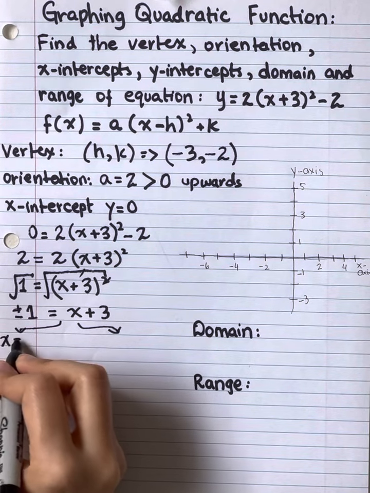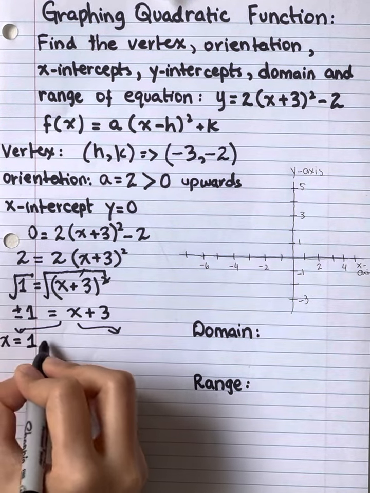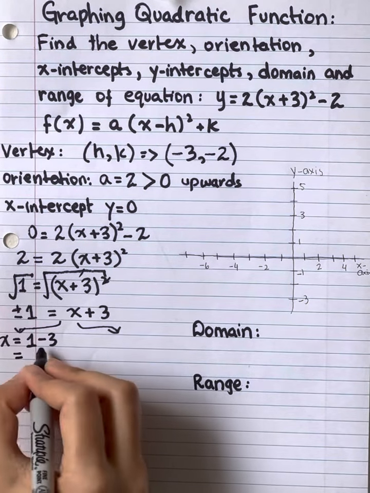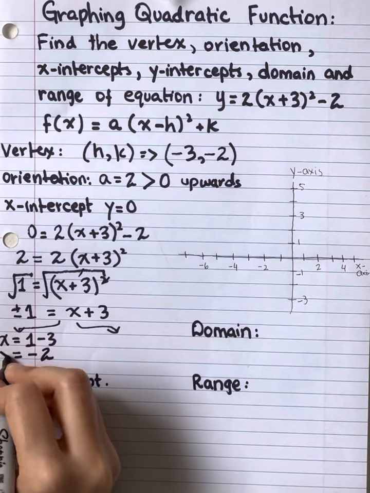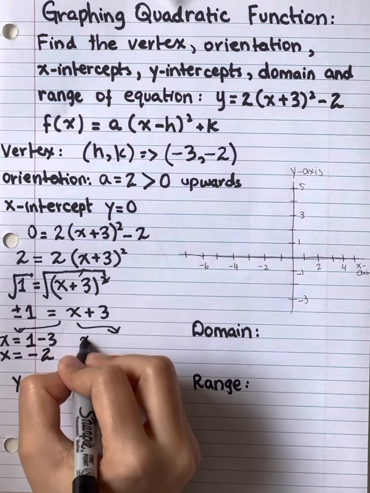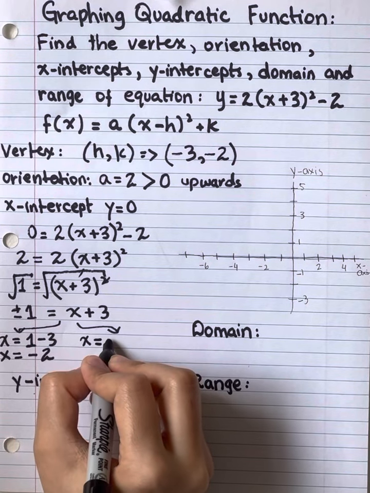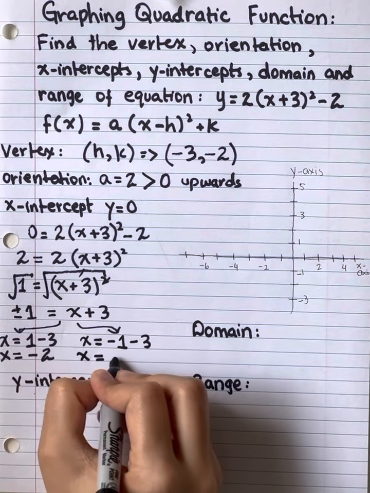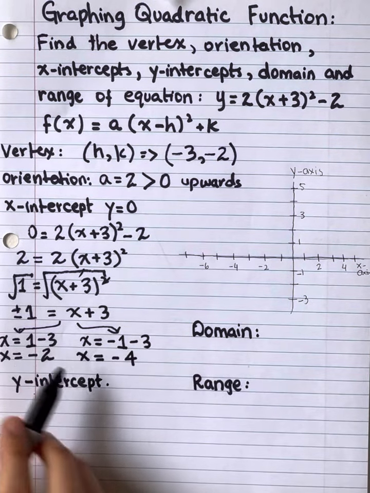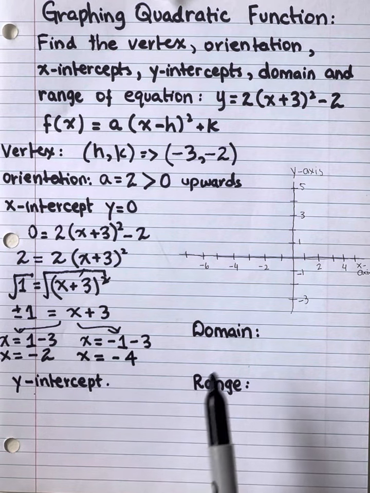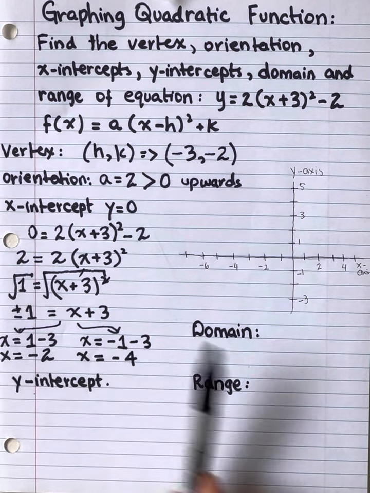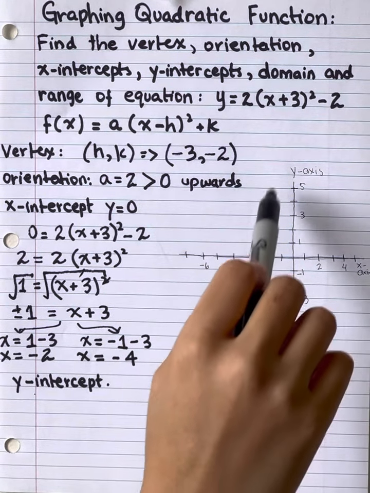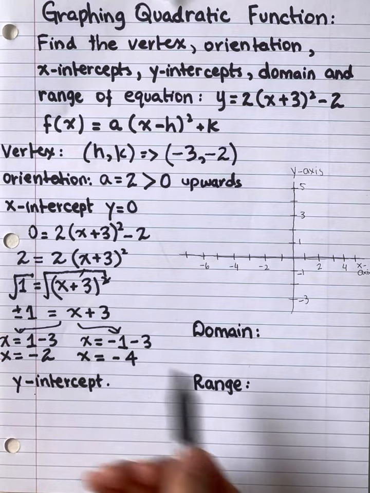Now subtract 3 on both sides, and we will have two solutions, of course. So x is equal to 1 minus 3, which is -2. That's the first solution. The second solution is -1 minus 3, so x is equal to -4. That's the second solution. We should have two x-intercepts because it's a parabola and it'll be intersecting the x-axis twice, so that makes sense.